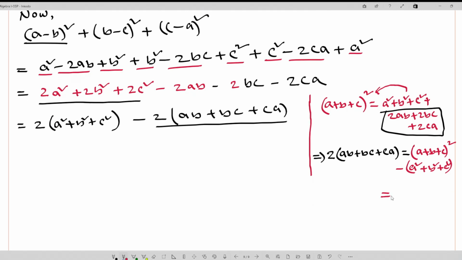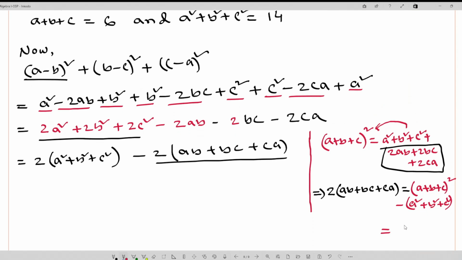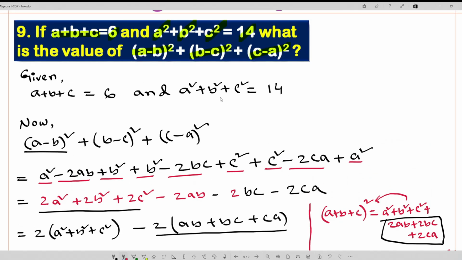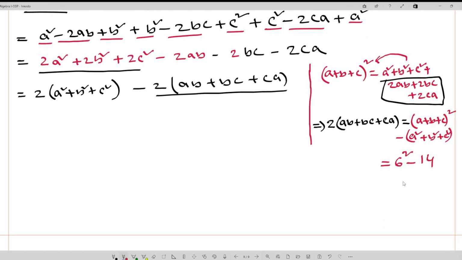Now (a + b + c)² has value 6², which is 36, minus a² + b² + c², which is 14. So 36 minus 14 equals 22. So 2(ab + bc + ca) is equal to 22.